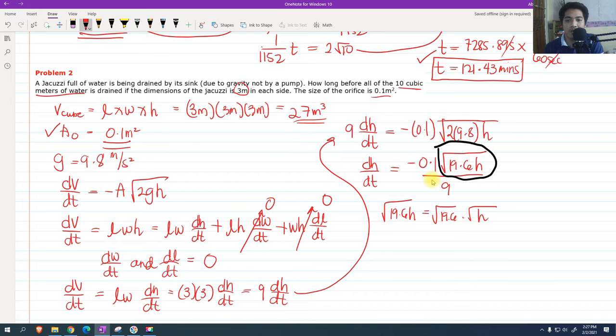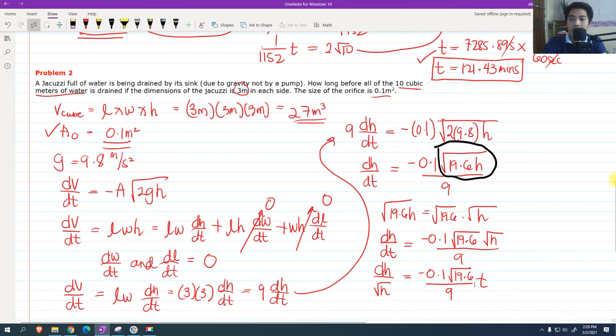So we have dh over dt equals negative 0.1 square root of 19.6 times square root of h, all over 9. So that I can separate the variables, divide both sides by the square root of h and multiply dt onto the other side. So we have dh over square root of h equals negative 0.1 square root of 19.6 all over 9 multiplied by dt.